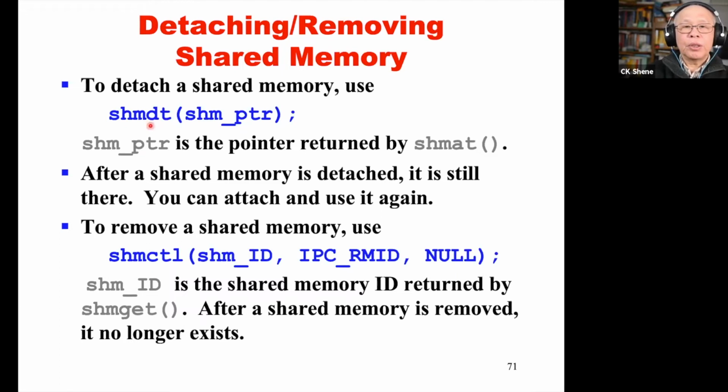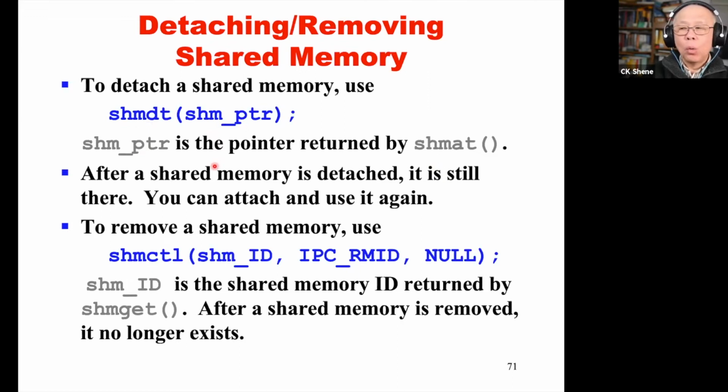How to detach it? Simply call shared memory detach with only one argument. That is the pointer returned by shared memory attach. After the execution of shared memory detach, that shared memory segment is no more in your address space.